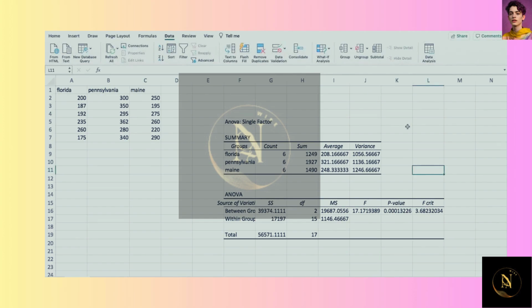So in order to calculate our numerator, we are going to take the difference in means between our pairs. So I'm going to pair Florida and Pennsylvania, Pennsylvania and Maine, and Maine and Florida. So let's take our difference of these.